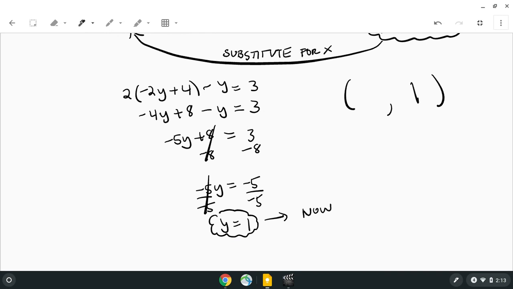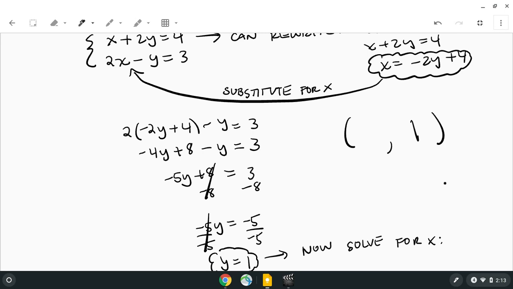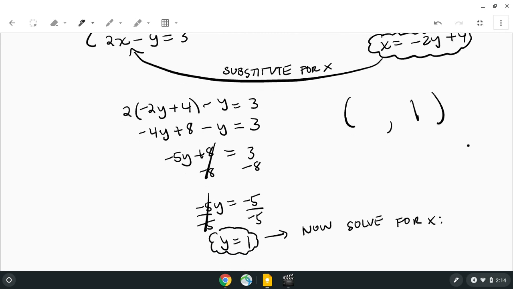Now solve for x. Okay, so that first equation, let's have a look at it. x plus 2y equals 4. So I'm going to plug 1 in for y.